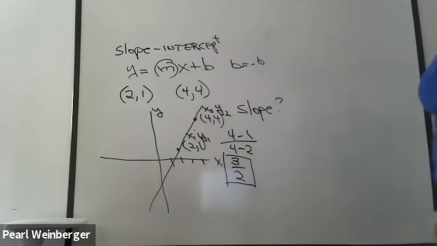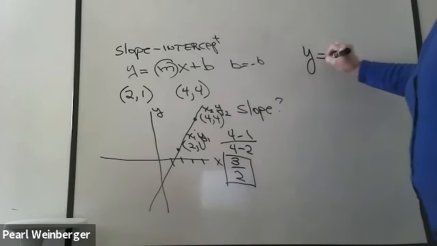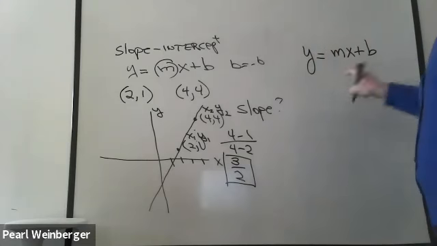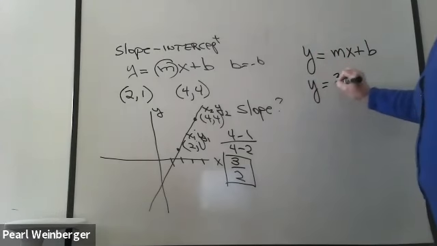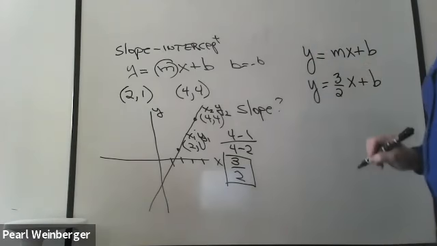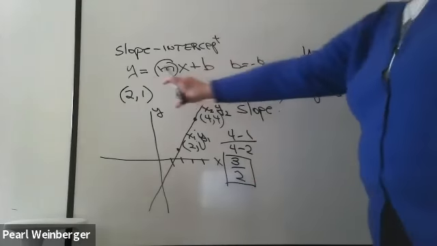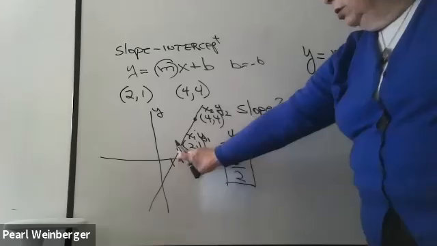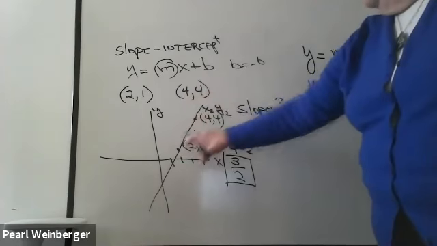Now, here's where we're going to have to be careful. Our equation of the line is going to be y equals, remember, mx plus b. And the m, the slope, I already found out. So y equals 3/2 x plus b. What I don't have now is the y-intercept. And neither of the points that I gave you, not the 2,1 nor the 4,4, are y-intercepts because they're in the middle of the graph.